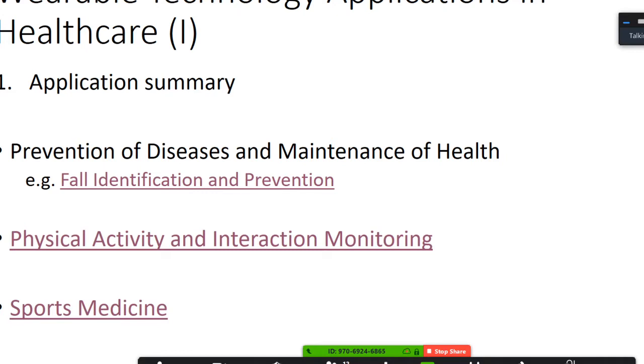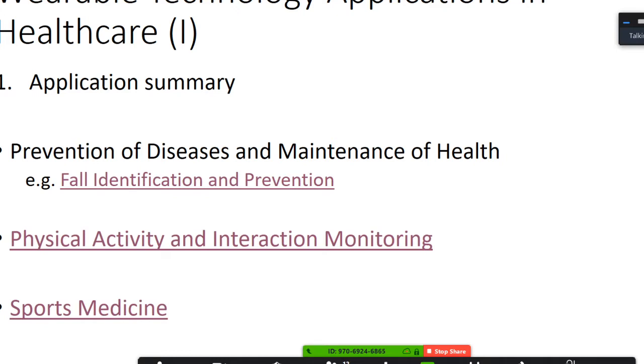Because for older people, imbalance develops gradually. So based on the gait analysis, when they are walking, can you see their balance? If the balance is very good, then the possibility of falling down is very low.